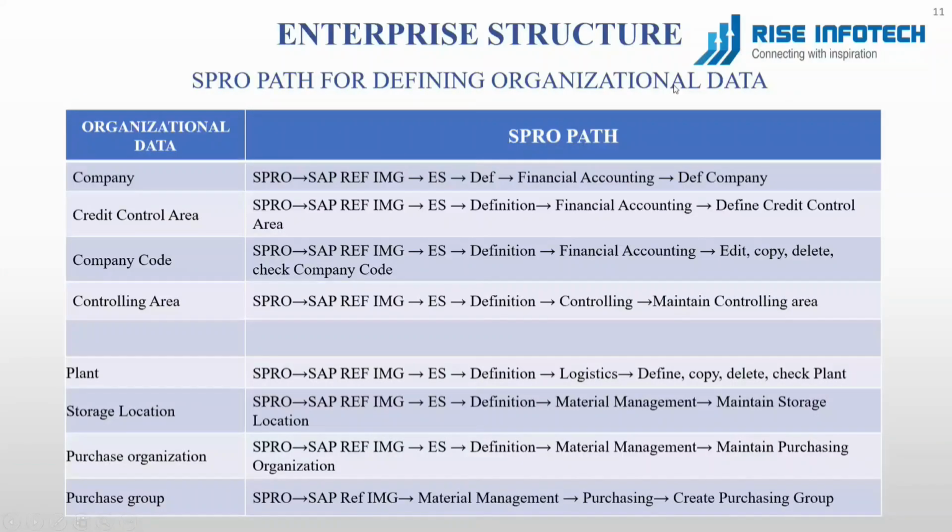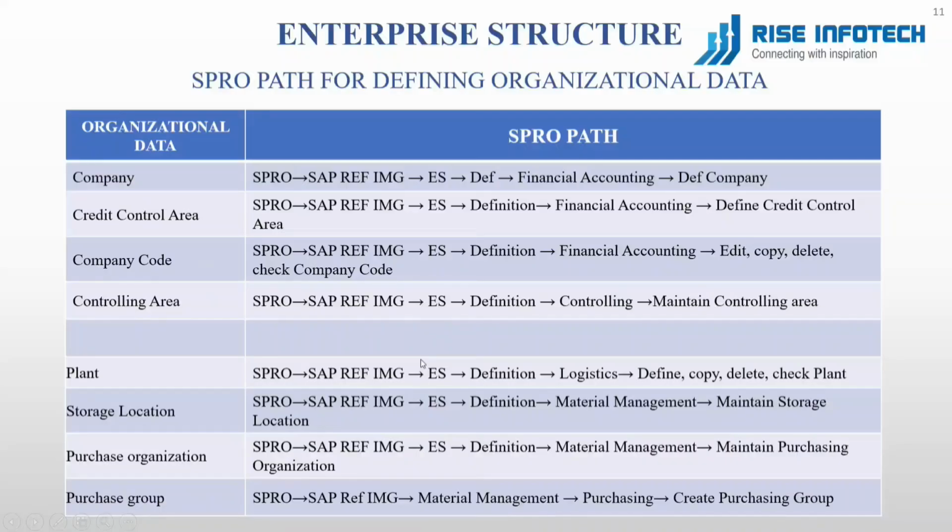Then coming to enterprise structure. We create the enterprise structures in the SPRO path and using T codes also. Credit control area, company code, controlling area: using the SPRO path and T codes we create the enterprise structures.